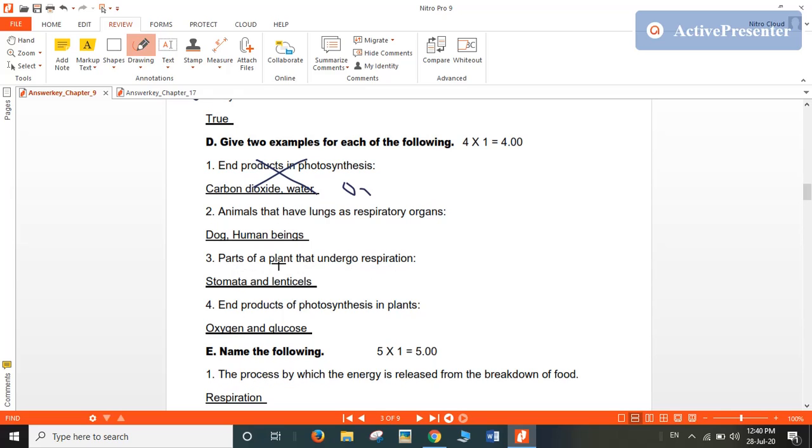The parts of a plant that undergo respiration are stomata and lenticels. Stomata and lenticels are the parts that help in respiration in plants. We have a similar question here, the end products of photosynthesis. The answer is oxygen and glucose, because oxygen and glucose are the products of photosynthesis in plants.